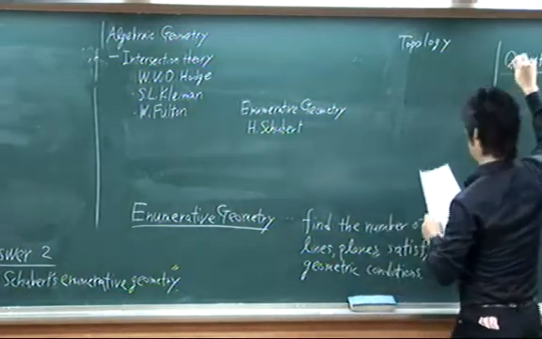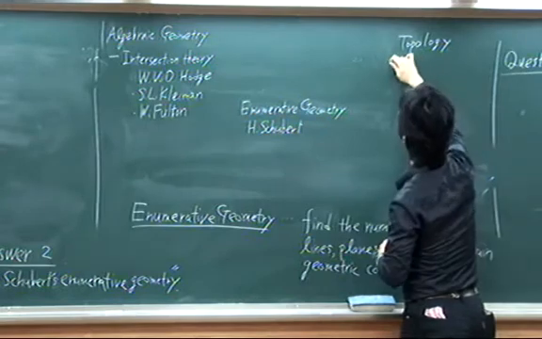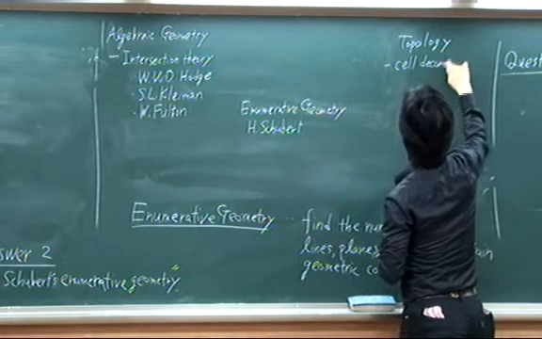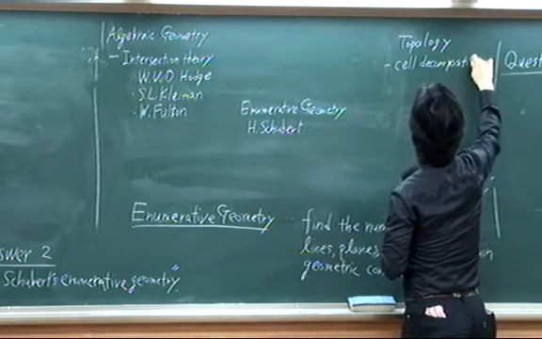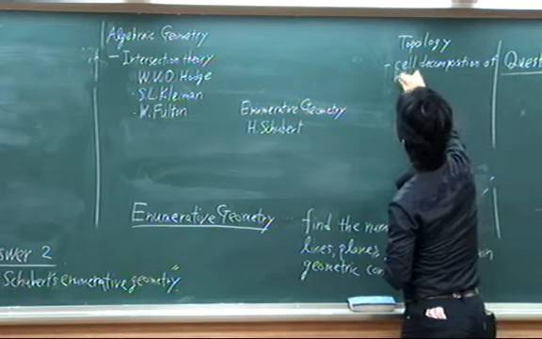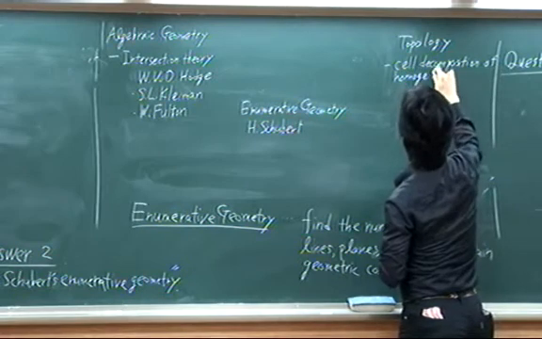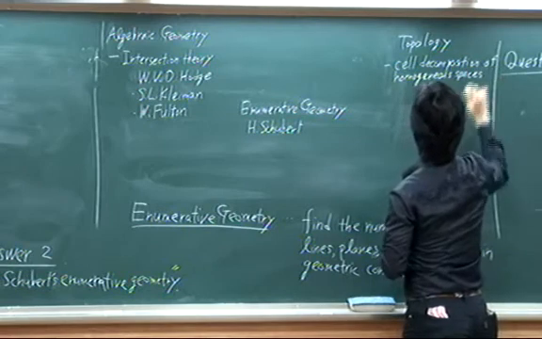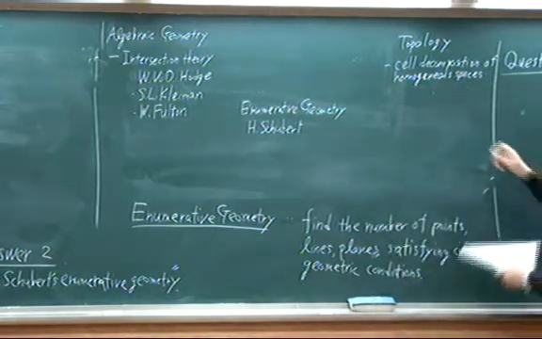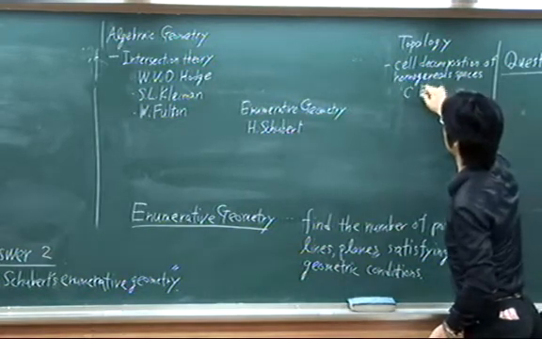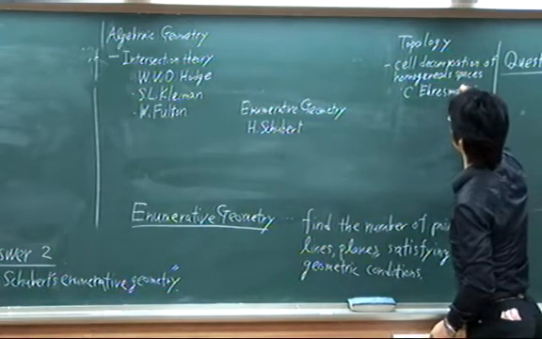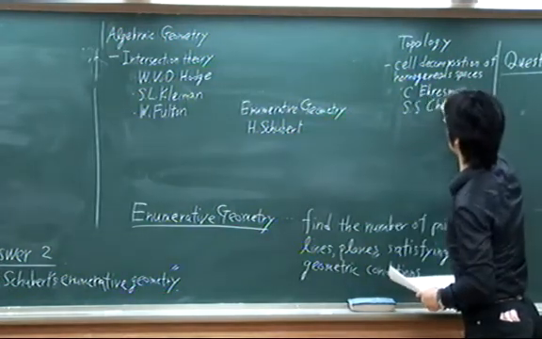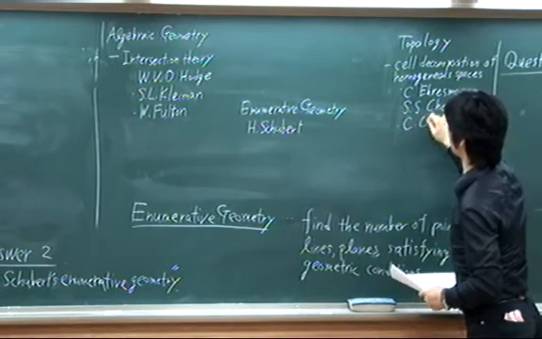On the topological side, first, cell decomposition of homogeneous spaces was given by Charles Ehresmann, Chevalley, and Schubert.